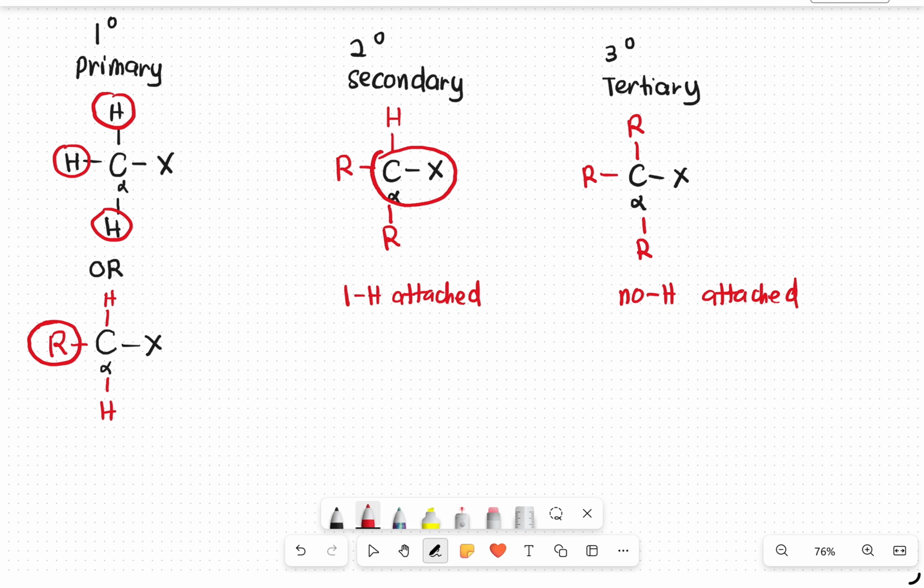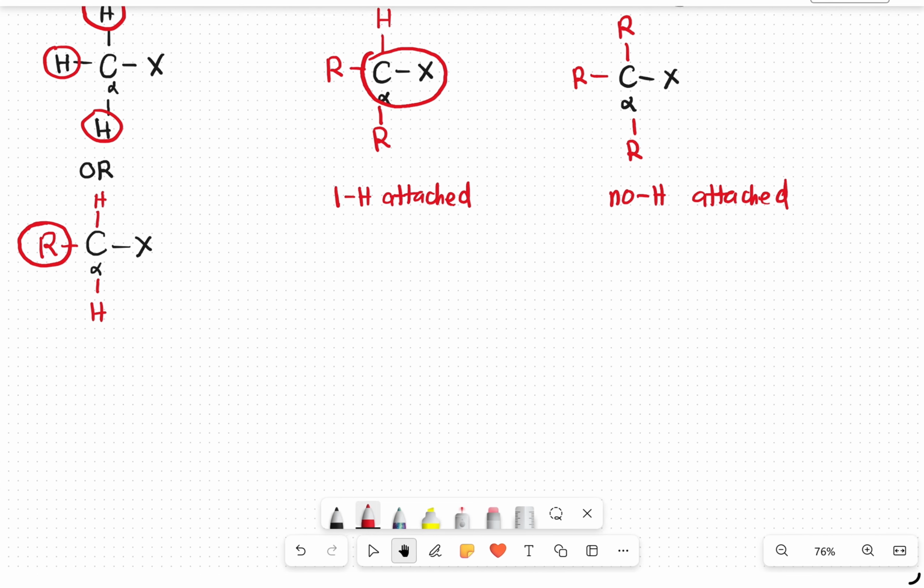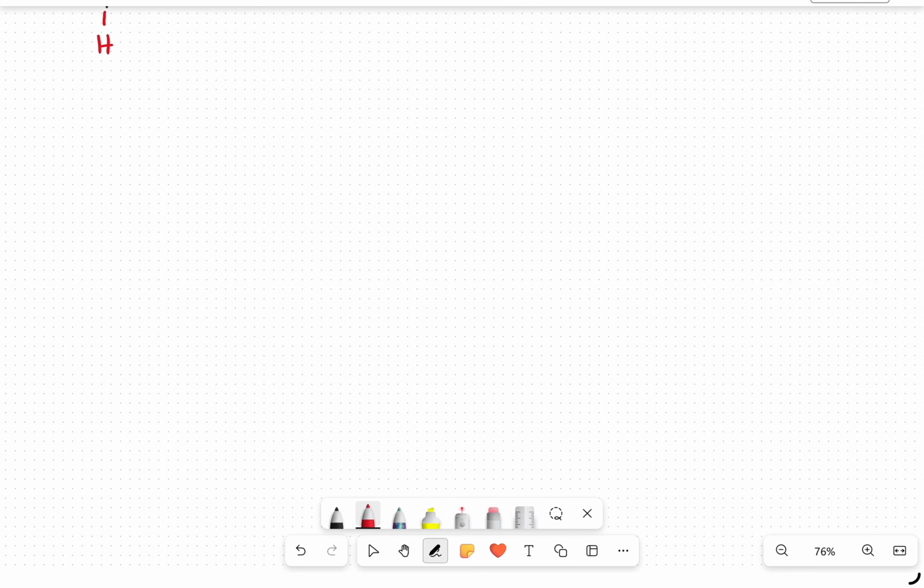So we look at an example. If it is like this, with Cl, now since this is a cycloalkyl, you have to expand the structure. On this carbon, we have C, like that.